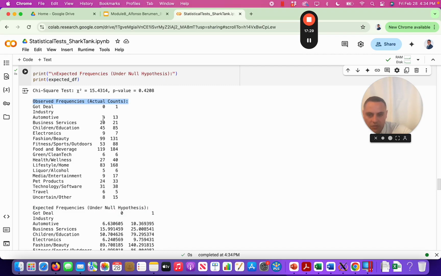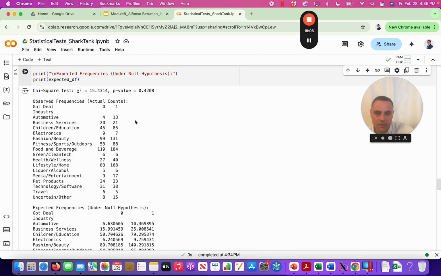If you do see large discrepancies between these cells, it would suggest that there is a relationship between these variables, or that they're not independent. If they're very similar, then we would be able to say that there is not a relationship between these two variables, right? And you can see here that they are, in fact, fairly close, and the differences are not large enough to trigger statistical significance.